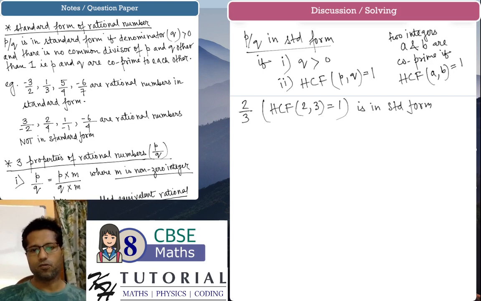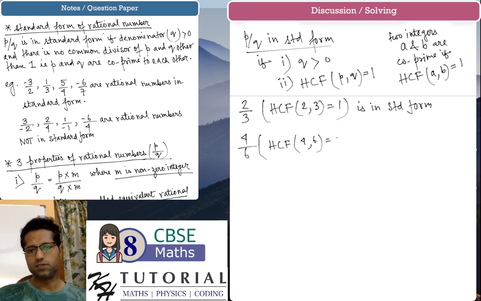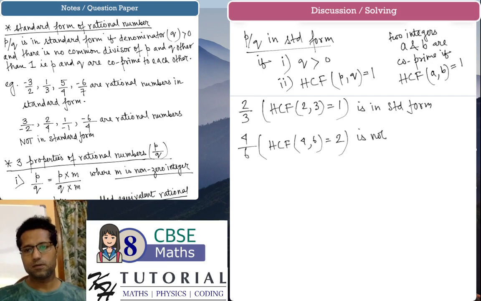Now let's say 4 by 6. This is not in standard form because we know that HCF of 4 and 6 is 2, which is not equal to 1.